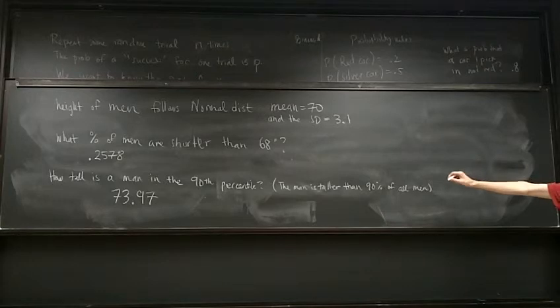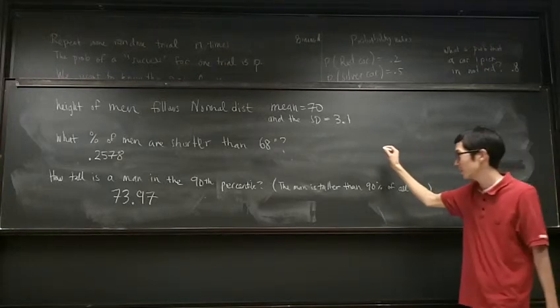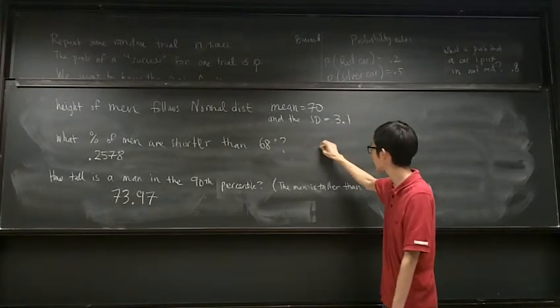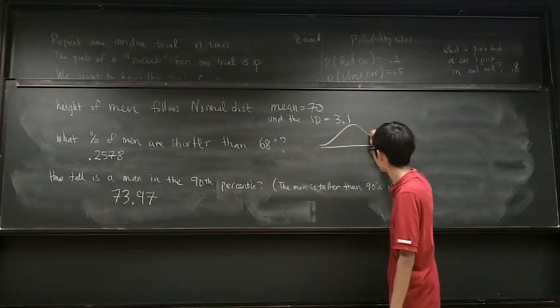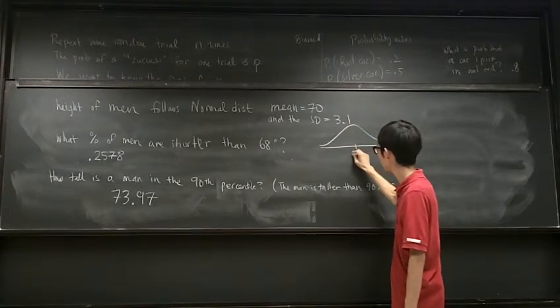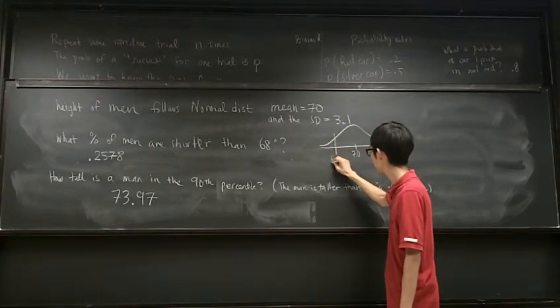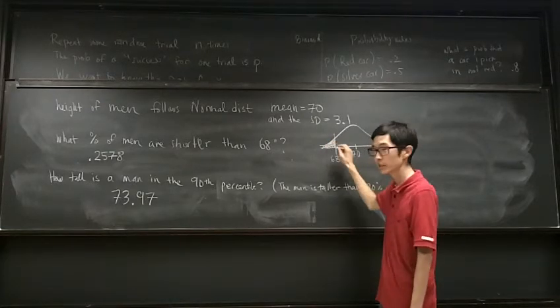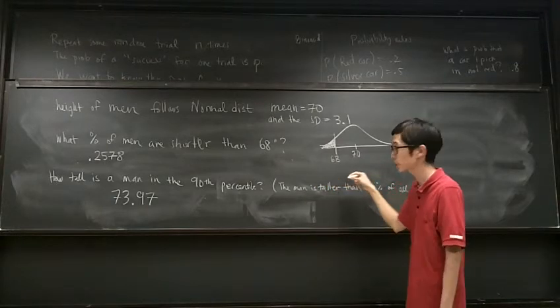These are your answers here. I will show you how to get the answers right now, quickly. What percentage of men are shorter than 68 inches? My mean is at 70, and I'm drawing a line at 68, and I want to know the area to the left of 68.